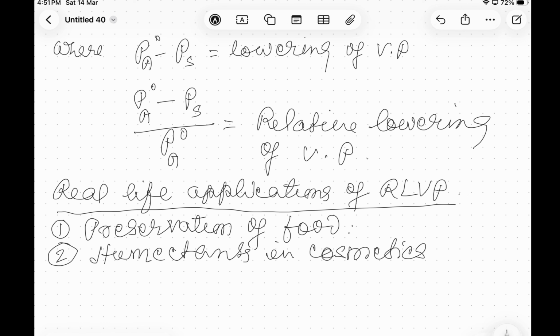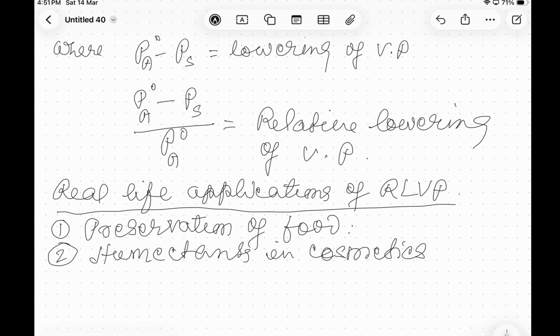Now finally, I have come to the end of this video. In this video, we understood the concept of vapor pressure, the idea of colligative properties, and the relative lowering of vapor pressure, along with their fascinating real life applications.